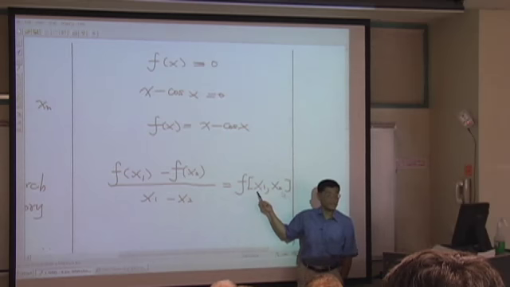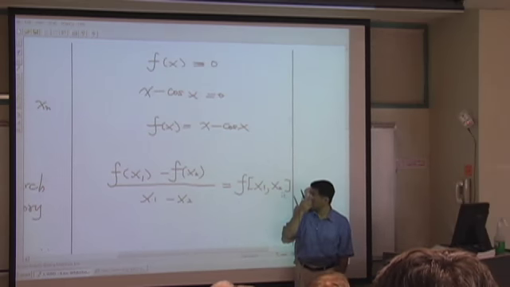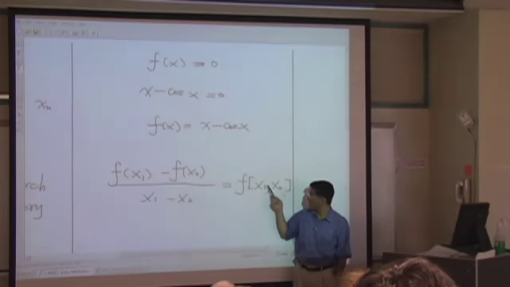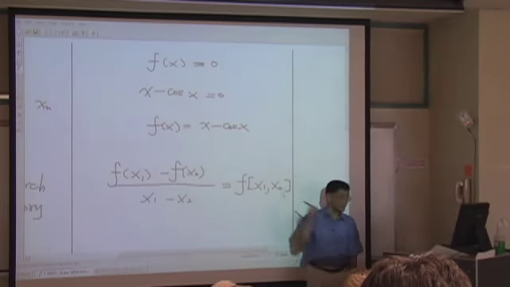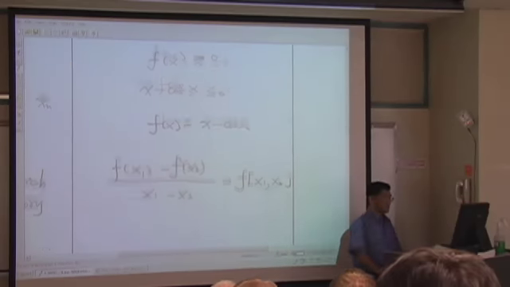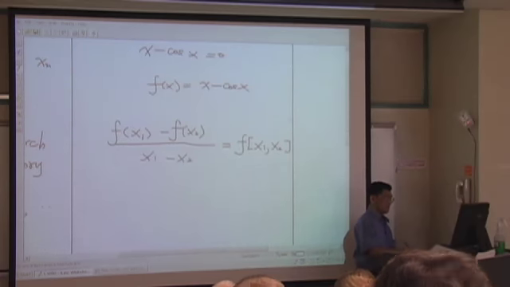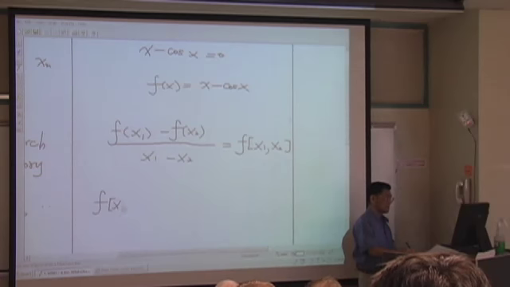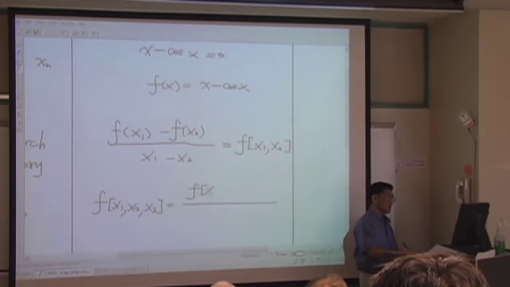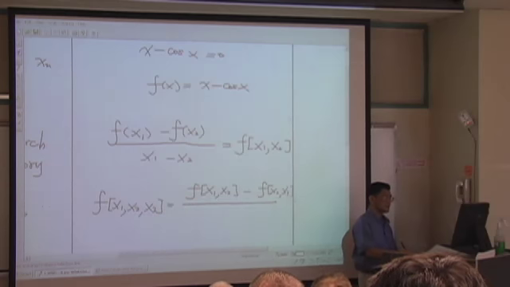After this, they generalize this for any number of points. So instead of just 2, they defined 3. f of x1, x2, x3 is equal to f of x1, x2 minus f of x2, x3 over x1 minus x3.